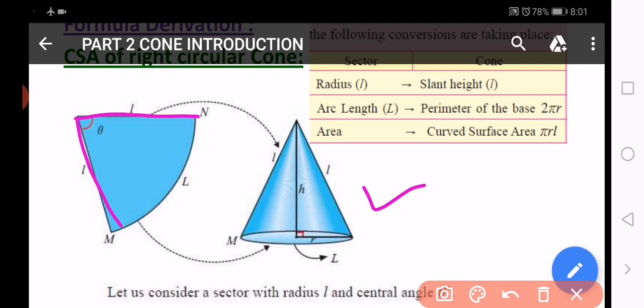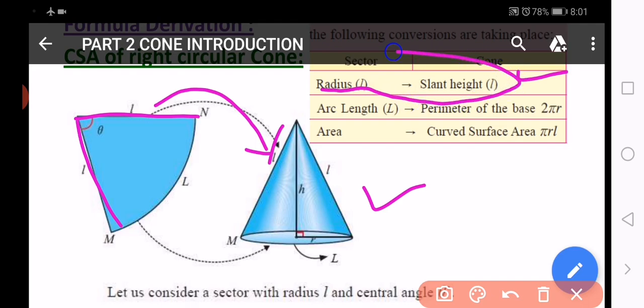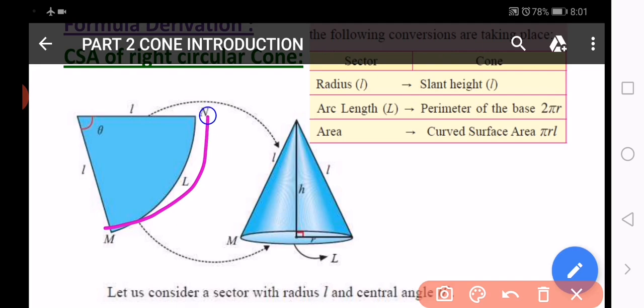The radius of the sector is the slant height of the cone, and the length of the arc is the base circumference of the cone.